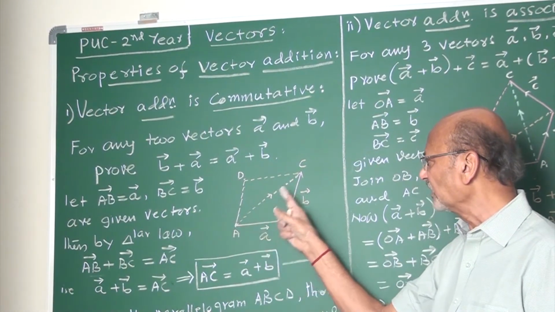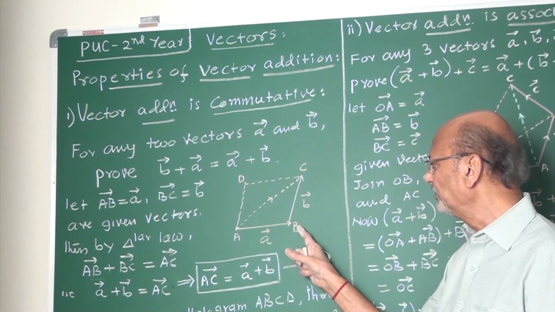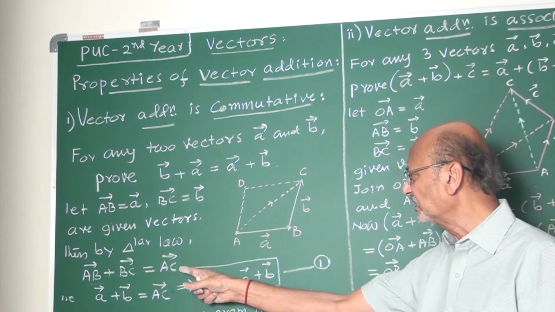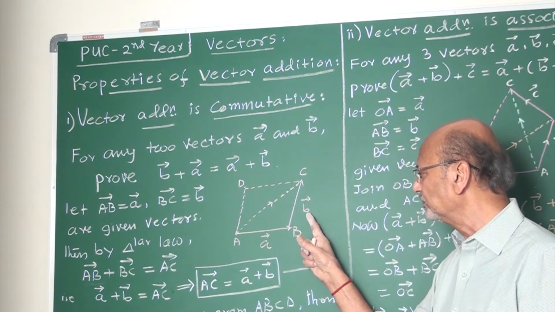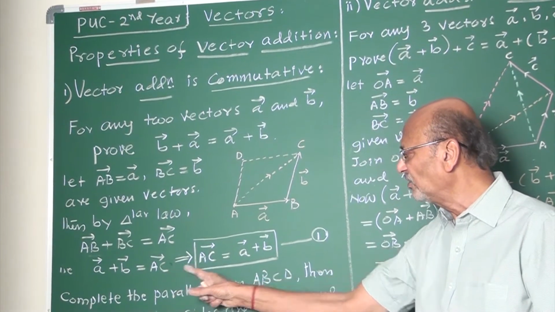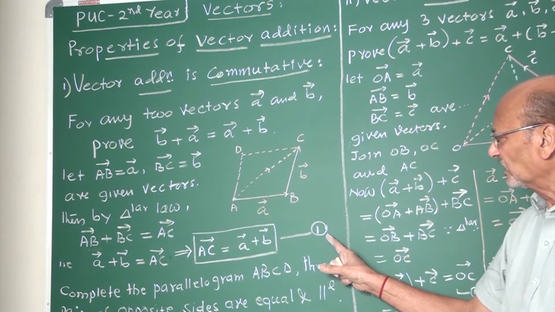I use the triangular law of addition. By the triangular law of addition, AB plus BC is vector AC. But what is AB? A. What is BC? B. Therefore, my friends, A plus B equal to vector AC. You name this as one.